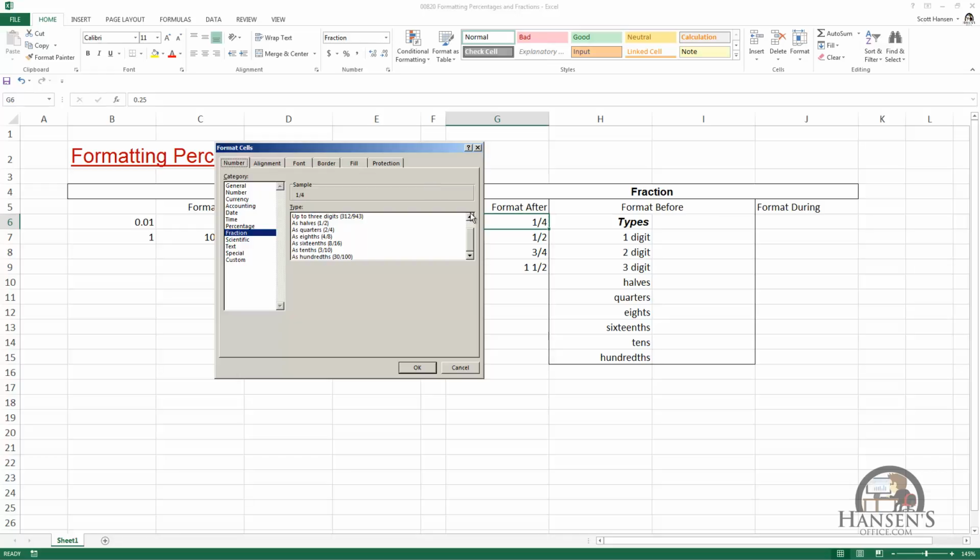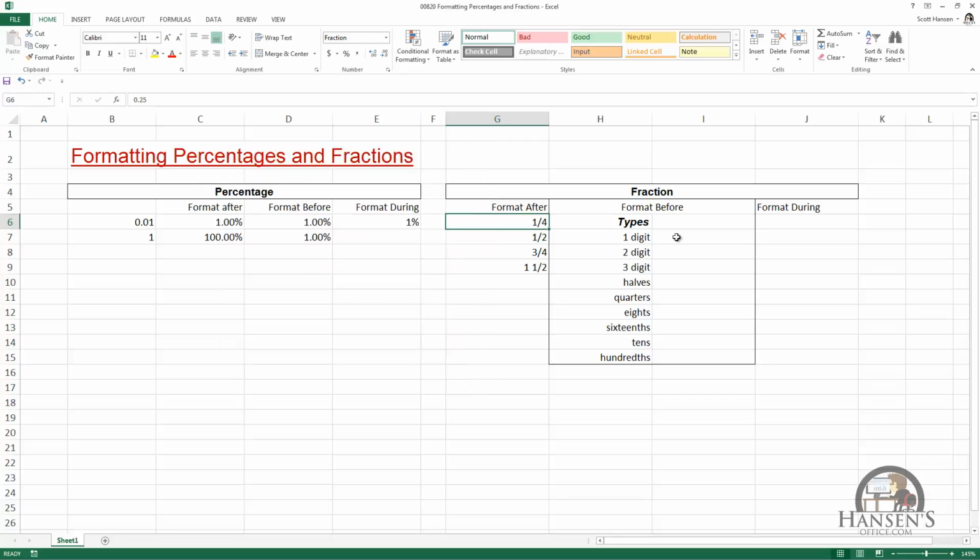So these 9 choices have to do with rounding conventions. And each one of these cells I have pre-formatted to be, in this case, the 1-digit, 2-digit, 3-digit, the halves, the quarters, and so on. So when I put a fraction in here, that's our starting point, 580 over 2,000. If we input that into a cell that has the 1-digit rounding convention, we get the fraction rounded so that the denominator has 1 digit and then the numerator is whatever it calculates it should be.